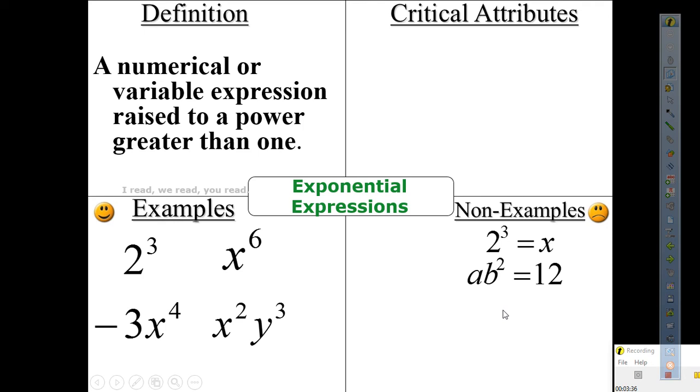Now let me give you the third one. This third one is not an exponential expression because of this and because of that. It's 2 different things that make it not an exponential expression. All right, now that I gave you all 3 of them, talk it over with your neighbor. Why are these not exponential expressions?